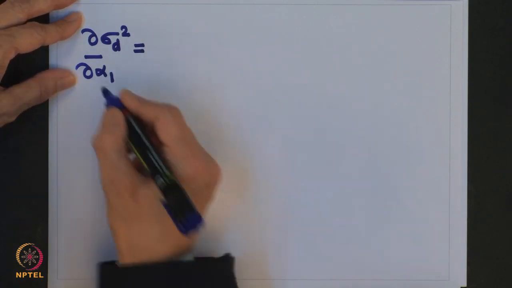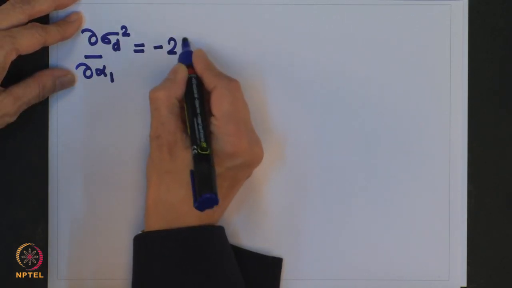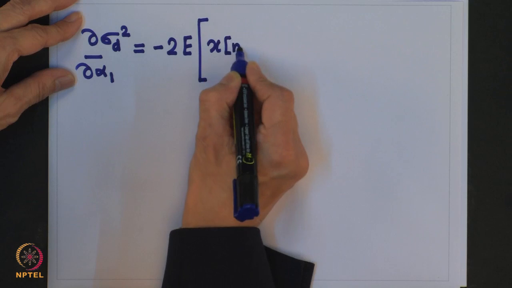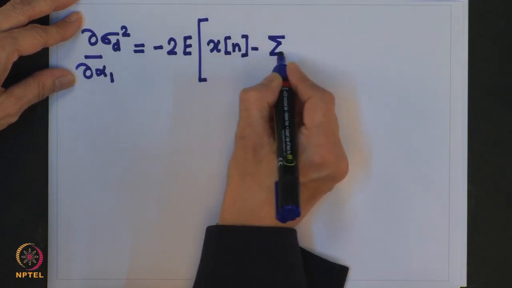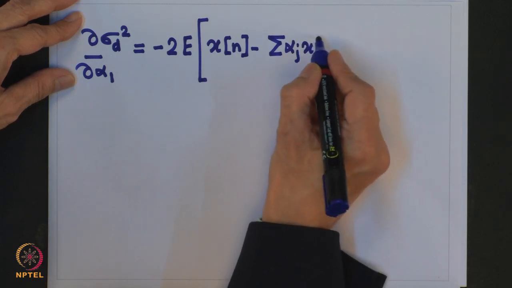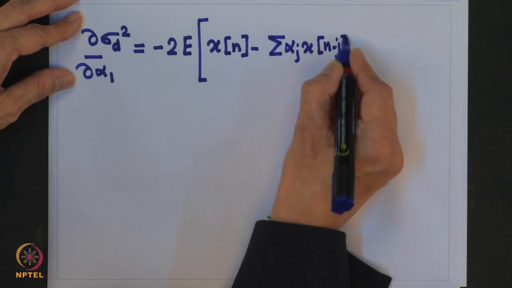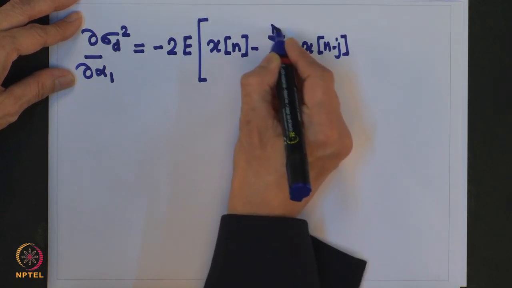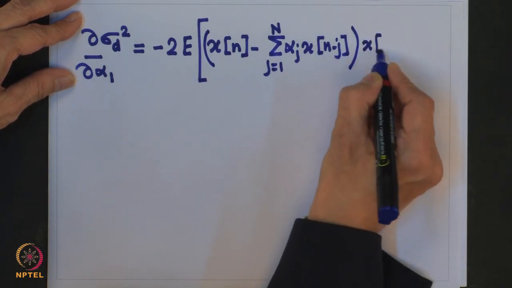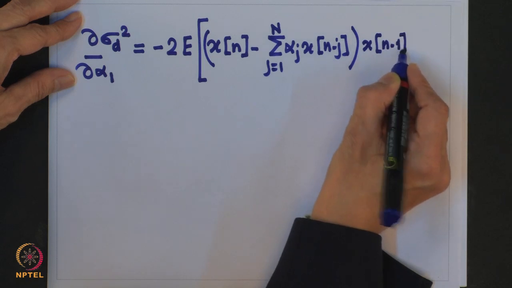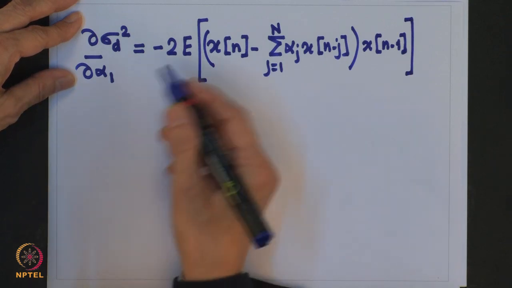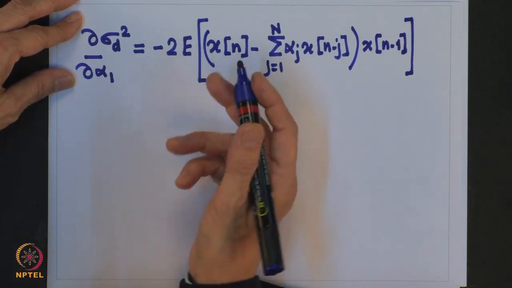So, when I take it with respect to alpha 1, I will get this value, the first term. It is important to note that differentiation and expectation operators are linear.